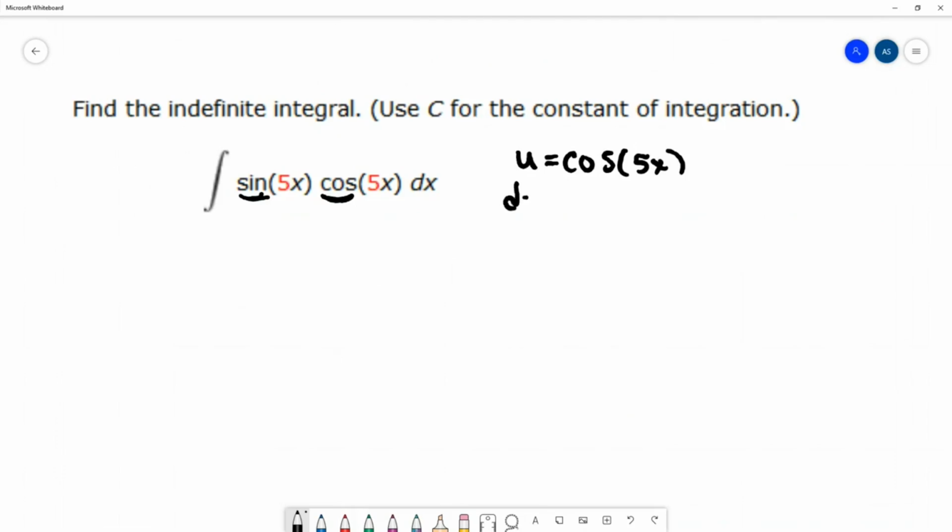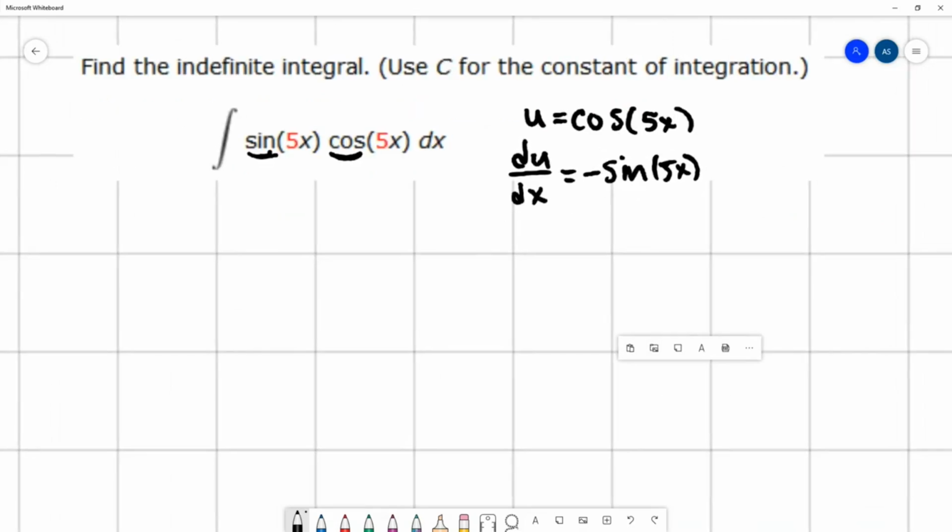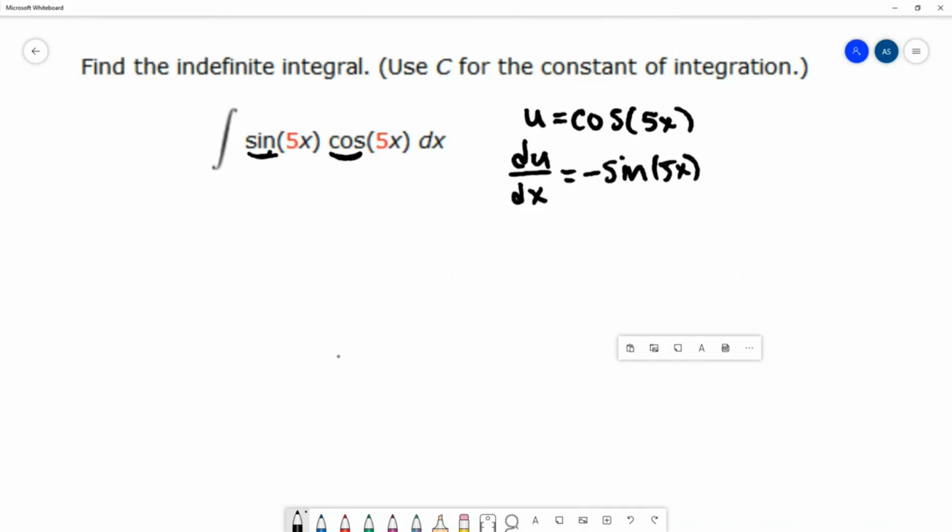When we calculate the derivative of u with respect to x, the derivative of cosine is negative sine of 5x. And you can see that the derivative of cosine, which is sine, is in our expression. So this might be a really good choice for us.